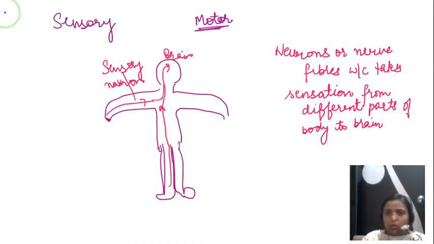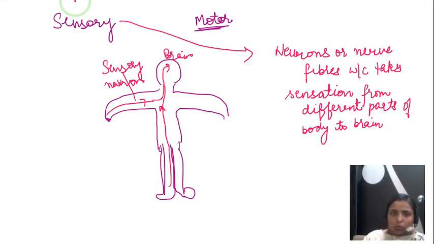So the neurons or the nerve fibers which take the sensation from different parts of the body to the brain are called your sensory neurons or your sensory nerves. Fine. Now if I talk about the motor, wait.